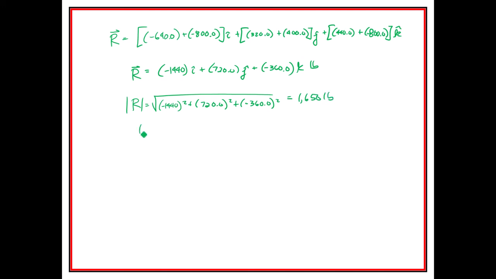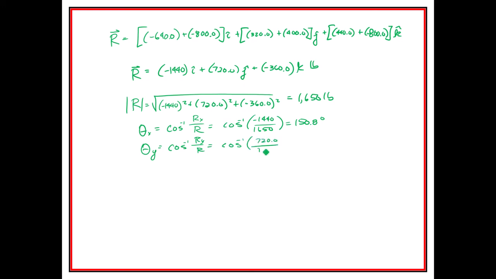And then we can also find our theta x, we can just take the inverse cosine of Rx over R, or negative 1440 over 1650, and we get ourselves 150.8 degrees.